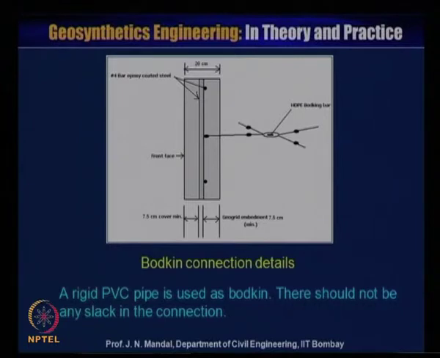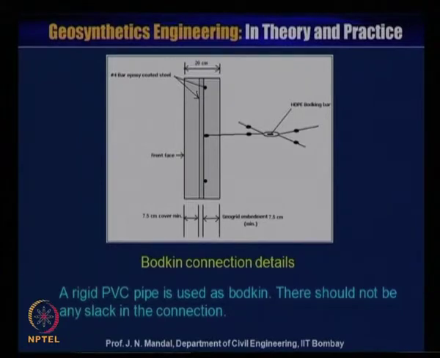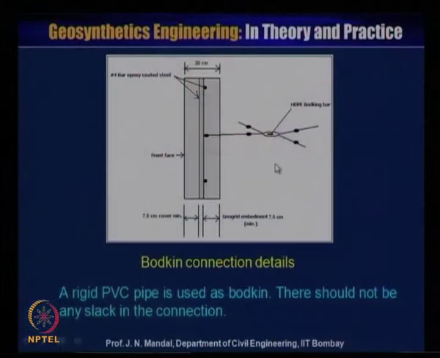Now, when you want to join this geogrid in the axial direction, this joint is also called the Bodkin connection joint. Here is the Bodkin connection joint.